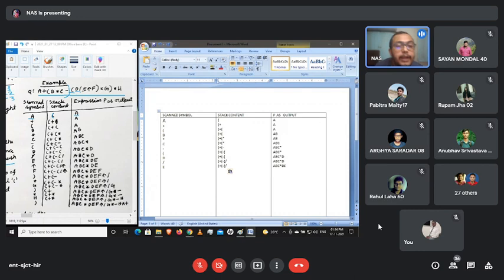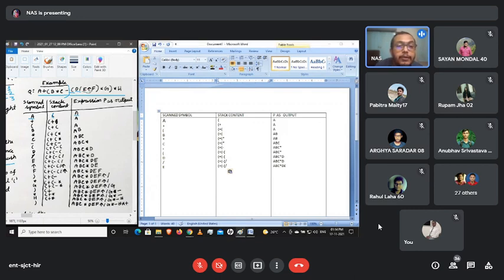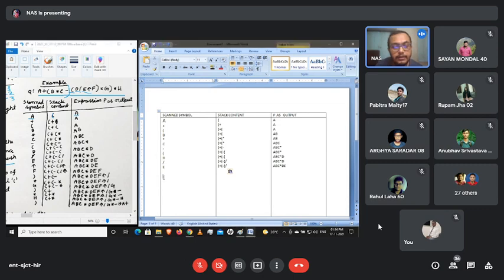Okay, after encountering E, we are again encountering an operand. This one is our exponential. So let's write it down here. Exponential. Tell me, is there going to be any changes or not?